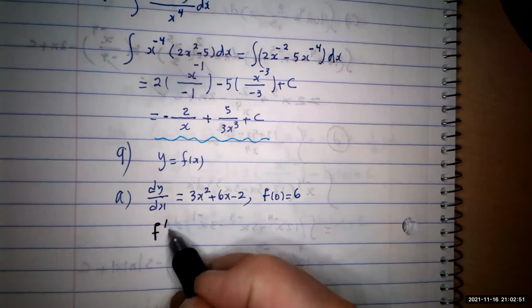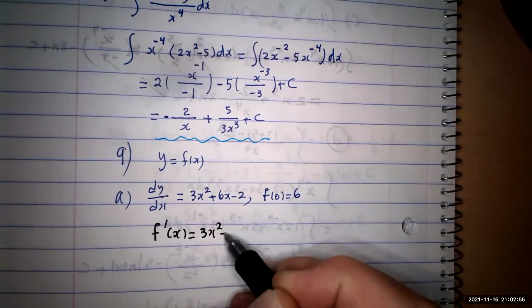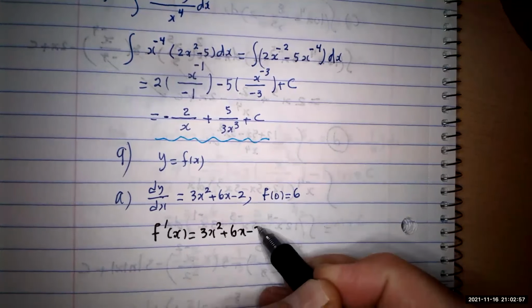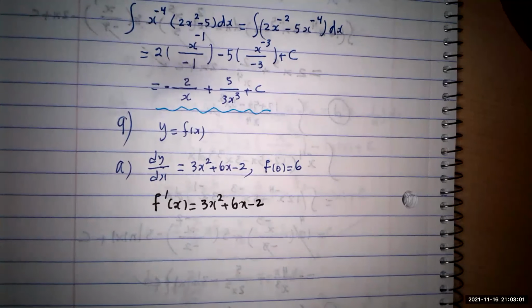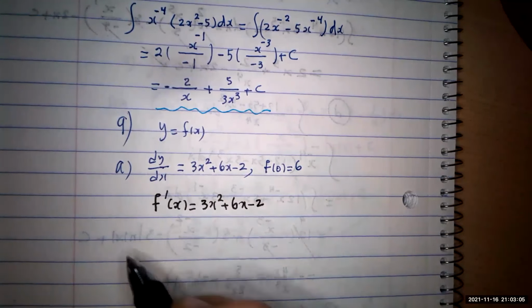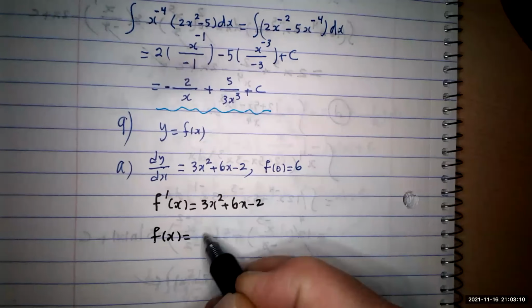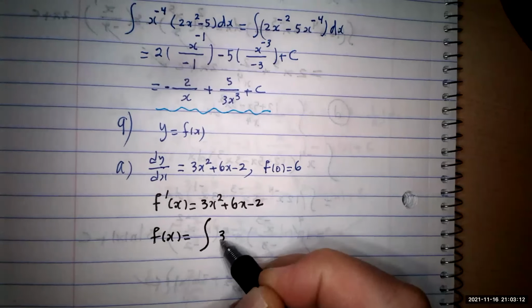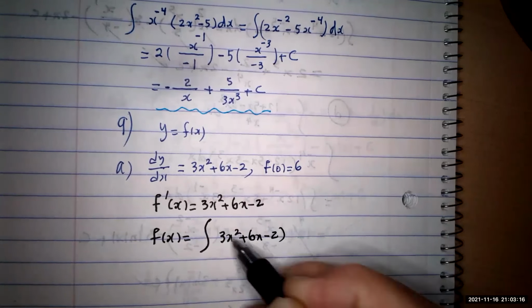Replace dy/dx by f prime. So this is going to be f prime, which is 3x squared plus 6x minus 2. So the derivative of the function is given to you. You want to find the function, you have to integrate. So this means f of x, going back, is the integral of 3x squared plus 6x minus 2 dx.